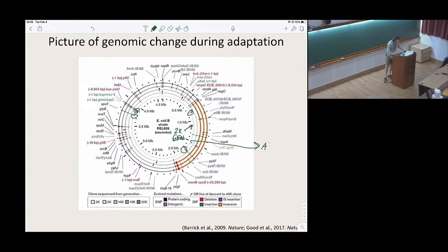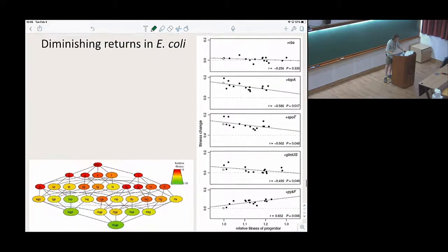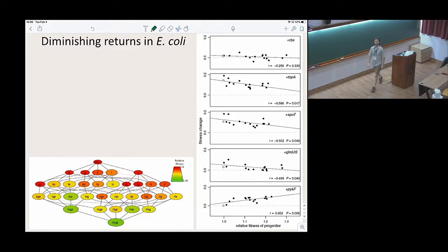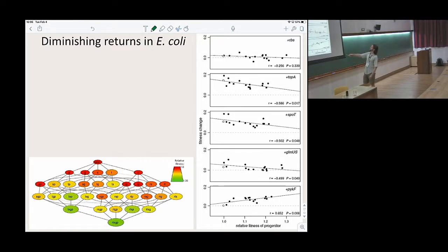He made all combos of 5 mutations from E. coli evolved on glucose. Same sort of plot that we had, just a little bit different in terms of coloring choices, et cetera. 4 out of the 5 showed diminishing returns. Exact same phenomenon.